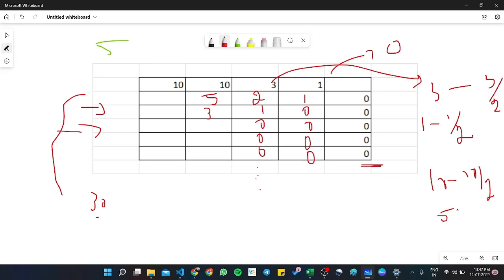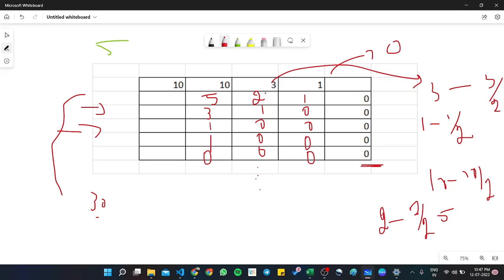Again, if I choose a bad key, my current element is 2, 2 minus 2 divided by 2, my loss will become 1. Again, if I choose this as a bad key, my loss will become 1, and finally it will become 0. So you can see I will do the prefix sum operation, I forgot to do that.